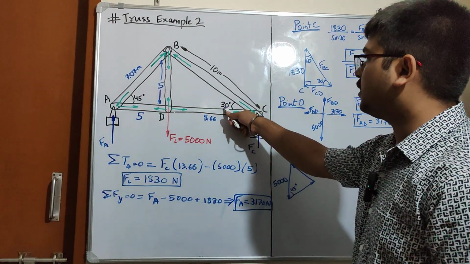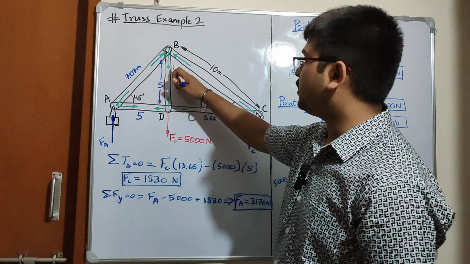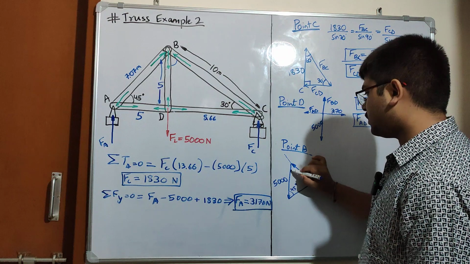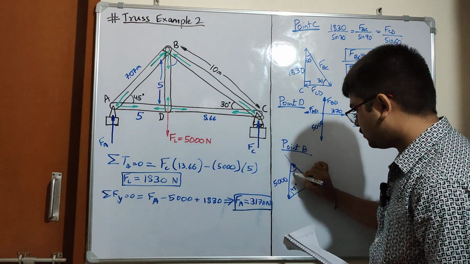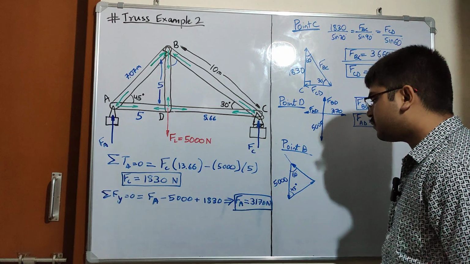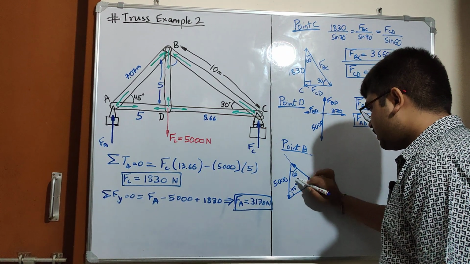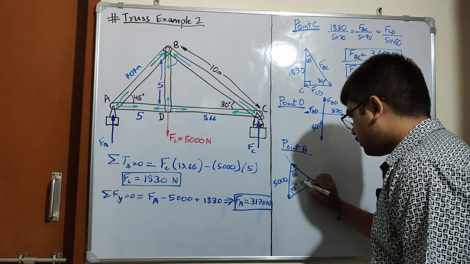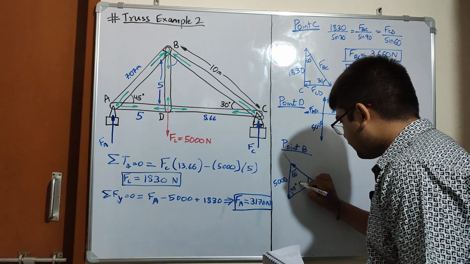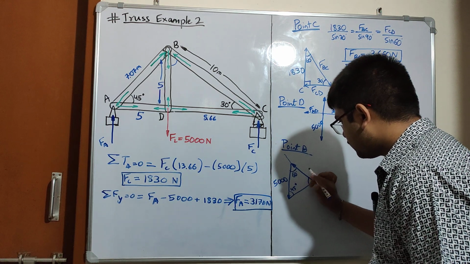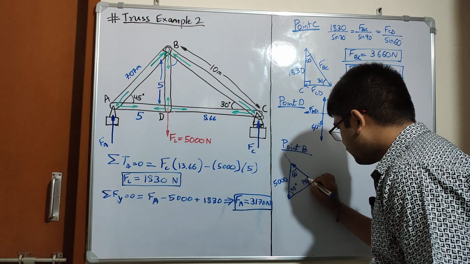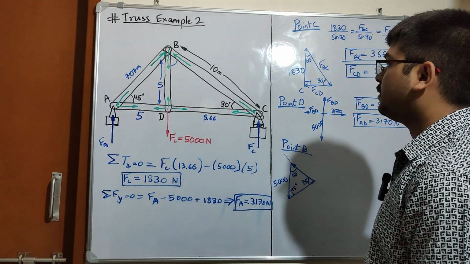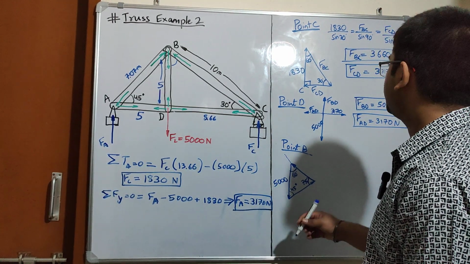This is 30, so this one would be 60. And the rest would be 180 minus 60 plus 45, that is 75. So we have got all the three angles.